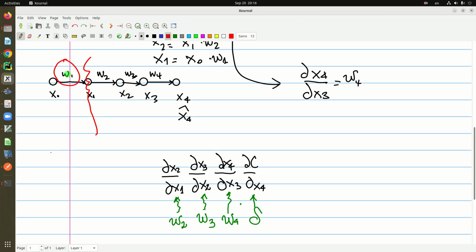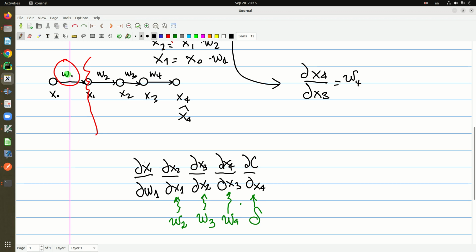For this, we can write the following here: dx1 over dW1.